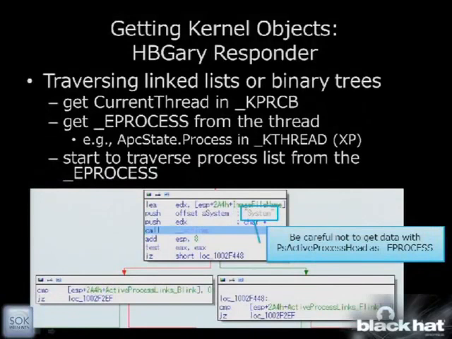Responder accesses process objects by traversing the linked list. But Responder does not use PsActiveProcessHead. Instead, it extracts the initial EPROCESS from the current thread in KPRCB. During the access to the process list, Responder checks whether the image file name of EPROCESS is System several times, because it must avoid getting PsActiveProcessHead as an EPROCESS.